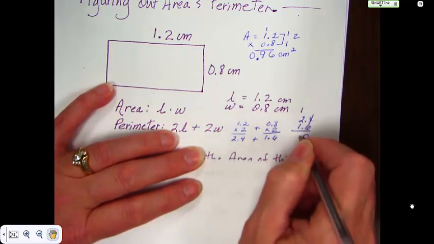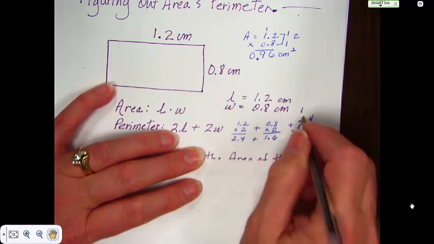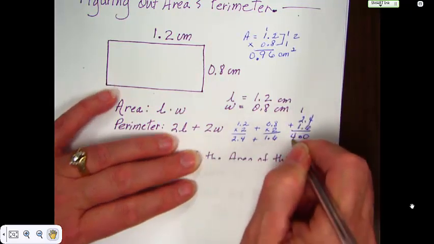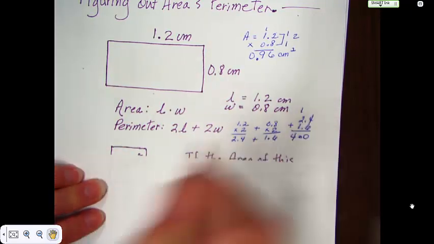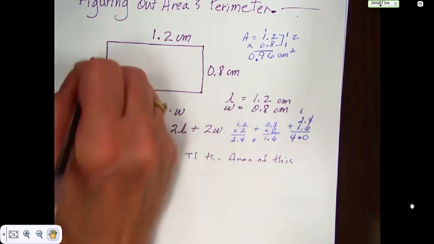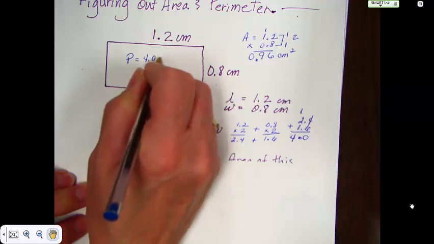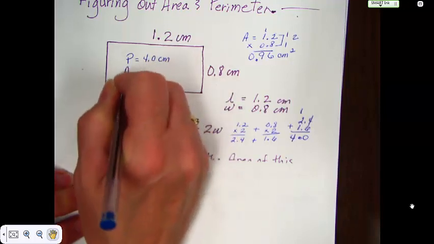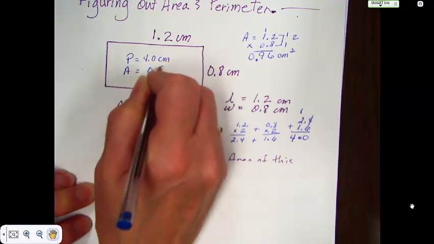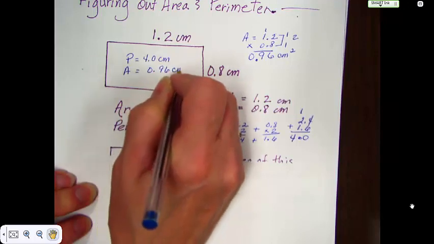Got to bring down that decimal place because we're adding. 2 and 1 is 3 and 1 is 4. So the perimeter of this is equal to 4.0 centimeters. The area is equal to 0.96 centimeters squared.